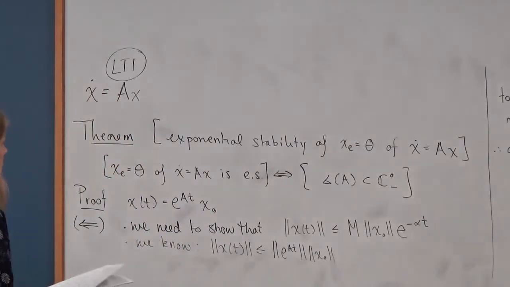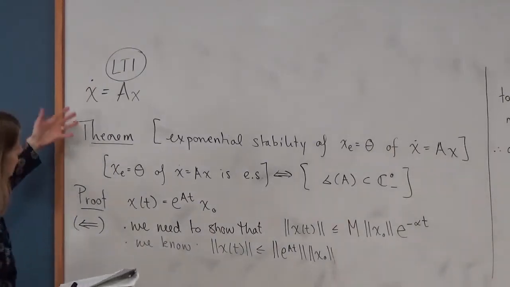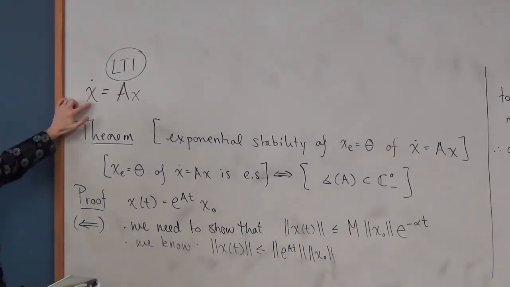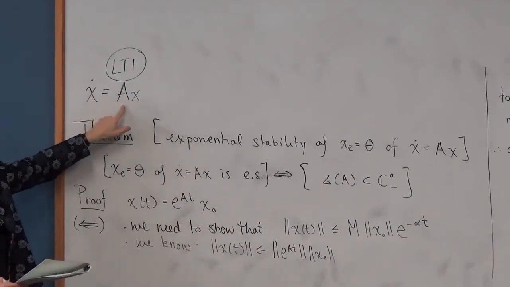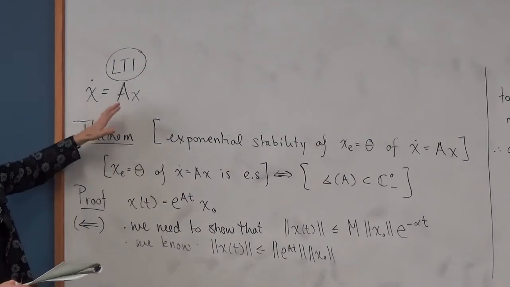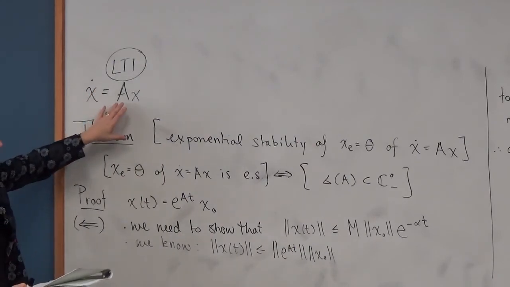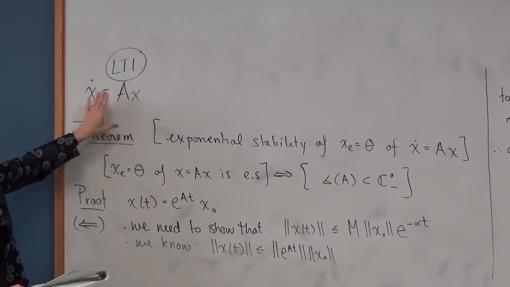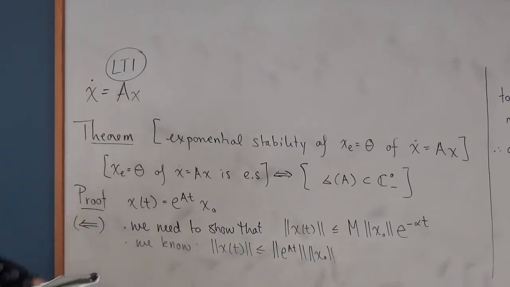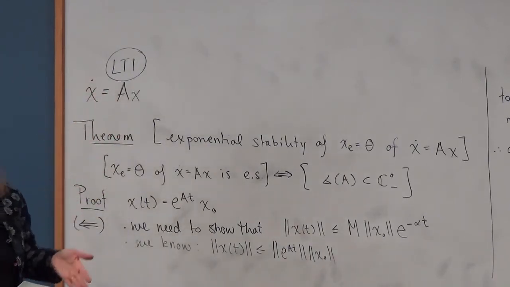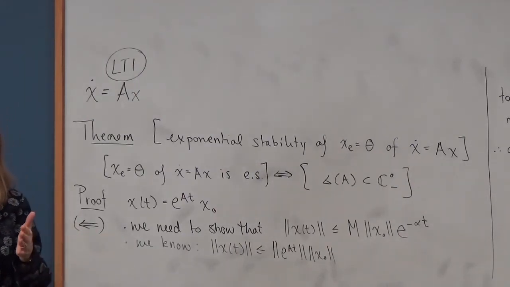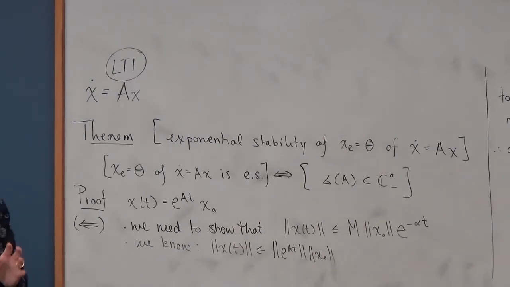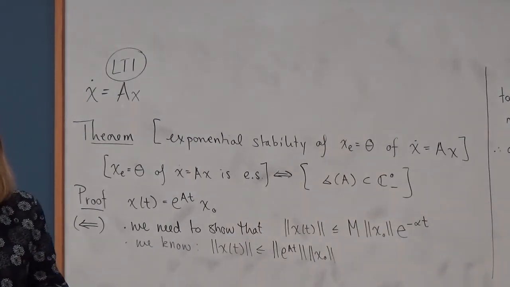And then we proved probably the most widely used test for stability of linear time invariant systems, which is a test on the eigenvalues. We've got a graded form: if the eigenvalues are in the open left half plane, then the equilibrium at 0 is exponentially stable. If you have some eigenvalues on the j omega axis, you won't be exponentially stable, but you still may be stable if those eigenvalues have a Jordan block of size 1 associated to them.